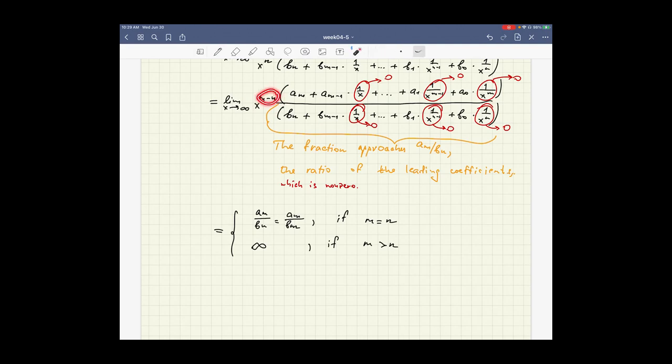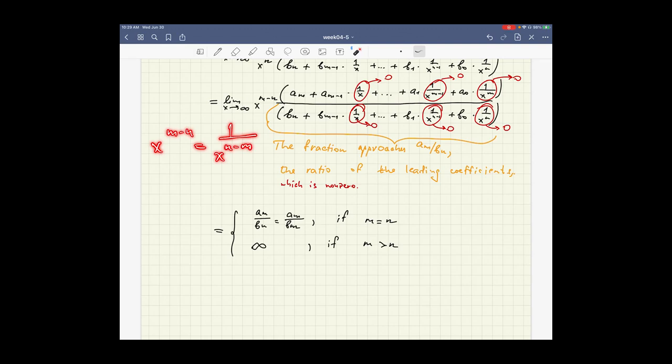And if m is less than n, x to that power will be a quantity that's infinitely small. Why? Well, because x to the power m minus n is 1 over x to the power n minus m.